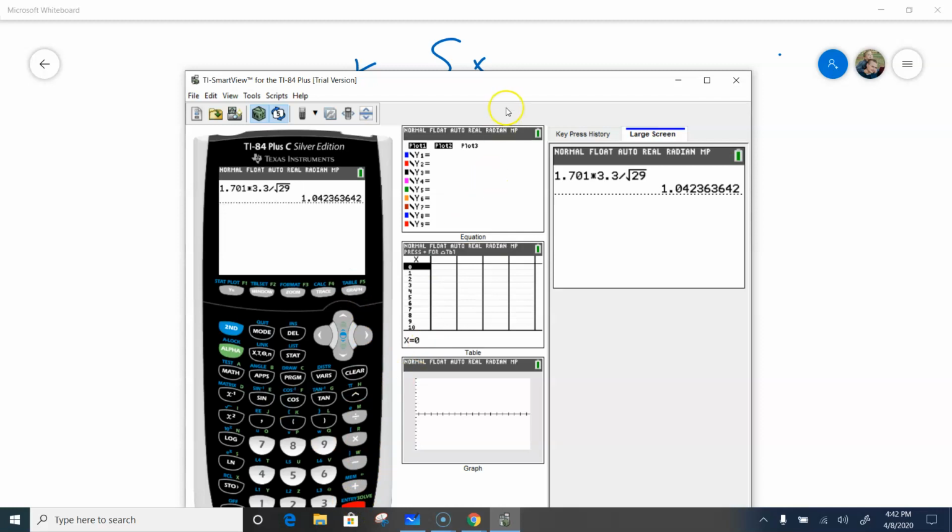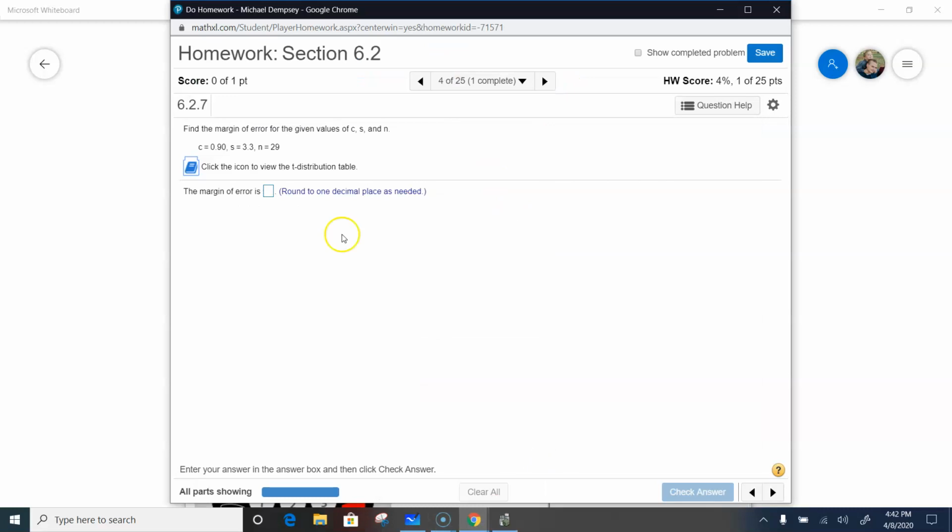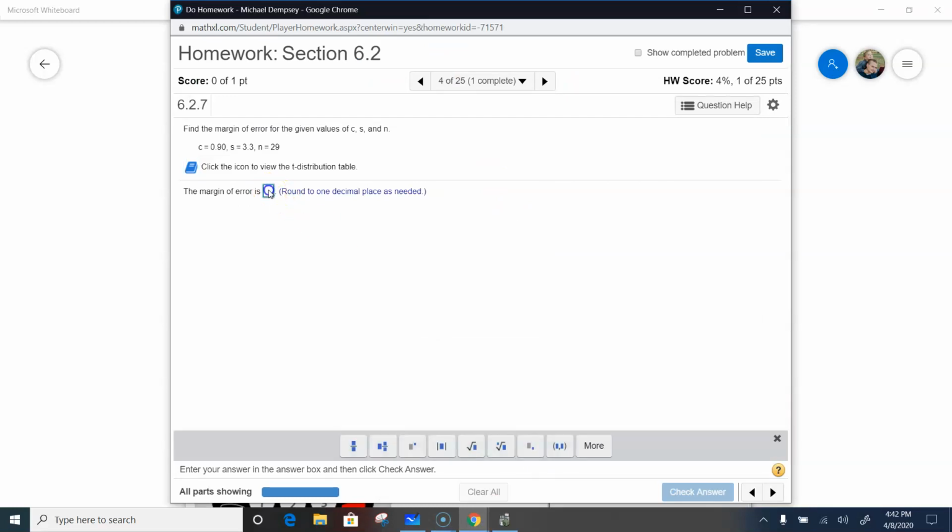Okay, and I get 1.042. So to 1 decimal place, it will be 1.0.